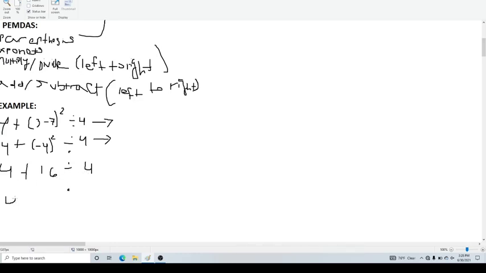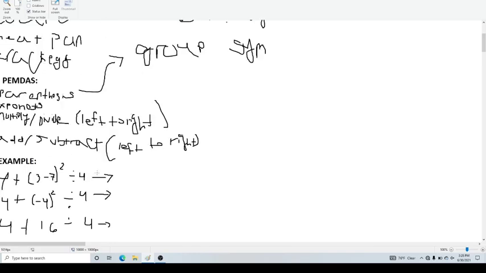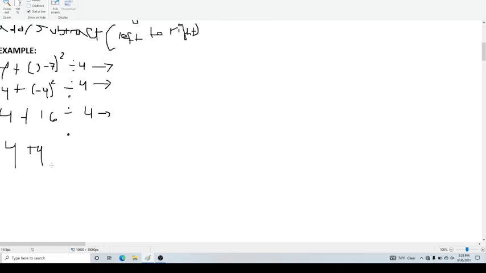So we have 4 plus 4. And lastly, that leads us to add or subtract from left to right. So it's the same as multiplication and division. If addition or subtraction come first, we do the operation from left to right when we get to that step. So we have 4 plus 4, which is equal to 8. There we go.